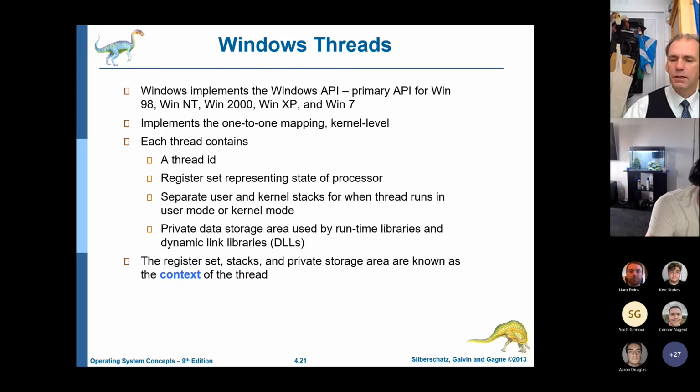And there needs to be, as there is with processes, some identification. So like with a process, the thread has an ID, a set of registers, a stack, and all that kind of stuff that it needs to actually run. The fancy name for that, blue text alert, is the thread context. So what is the state of the thread right now?